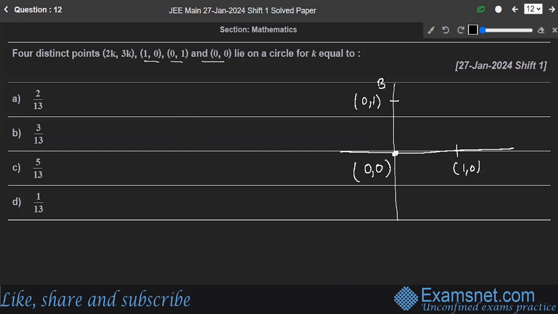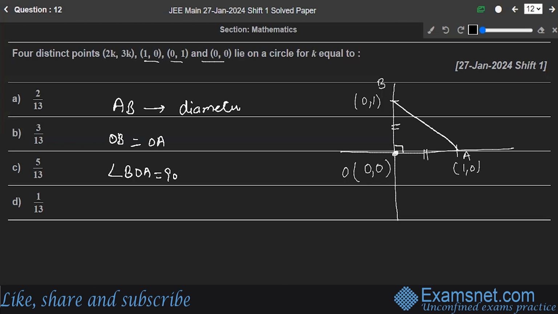Let's say this is the point B, this is the point A, and this is the point O. Now, if you look over here, OB is equal to OA, and this is a 90-degree angle. So AB will be the diameter of that circle. There are 2 reasons. First is OB is equal to OA and angle BOA is 90 degree. You know, the diameter subtends a 90-degree angle on the circumference of the circle. So AB is the diameter.